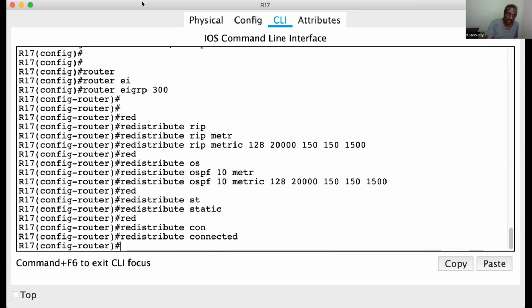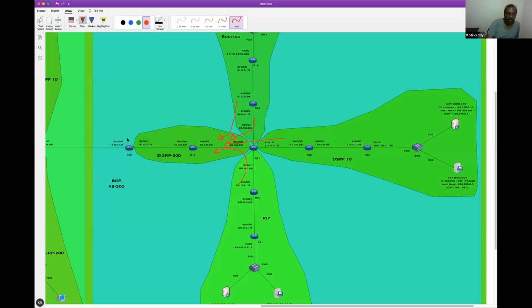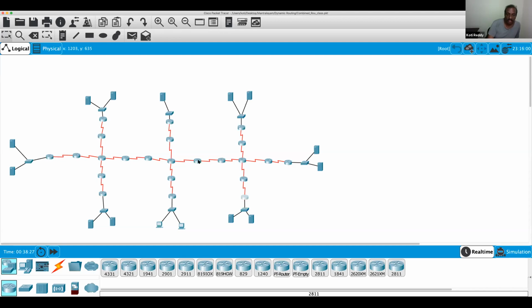I'm asking EIGRP to redistribute the RIP routes, OSPF 10 routes, static routes, and connected routes. So once I do that, now if I go to R15, I should see all these routes. Let us go to R15 and see these routes.